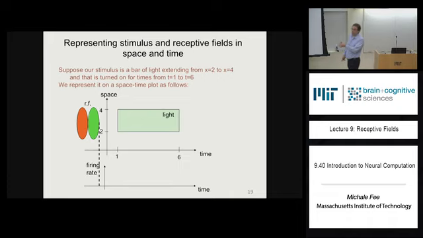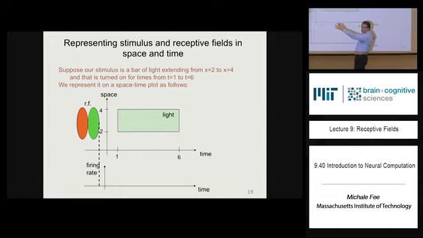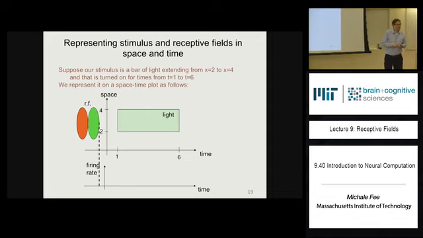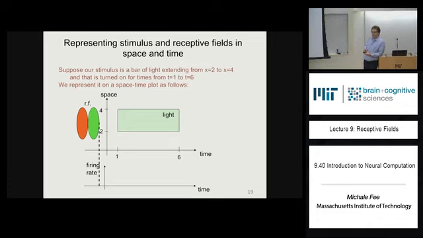So what does this look like? This looks like a bar of light that extends from position 2, let's say 2 millimeters, to 4 millimeters on our screen. It turns on at time point 1, stays on, and turns off at time point 6. Let's say 1 second to 6 seconds. Does that make sense?